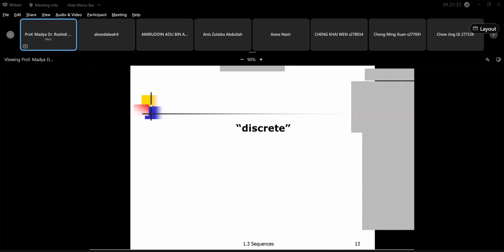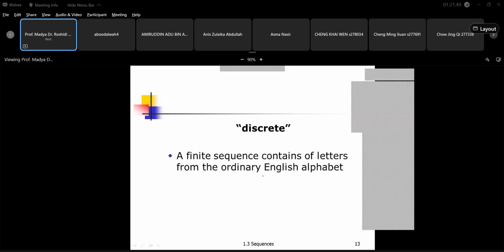We still talk about sequences. Now we move to the idea behind sequences: how we represent a sequence through characters, through words, or through sentences. Now, given to you one sequence, but not in numbers, in words. For example, here, discrete.